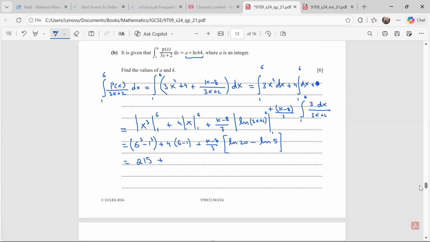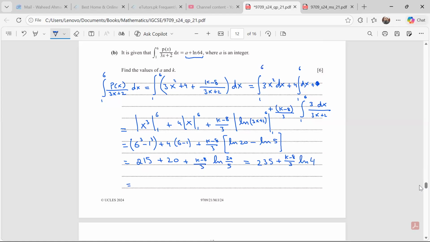Plus 6 minus 1 is 5, 5 times 4 is 20. Plus k minus 8 over 3, and this will become log of 20 over 5. So 215 plus 20 is 235, plus k minus 8 over 3, and this is log of 4.